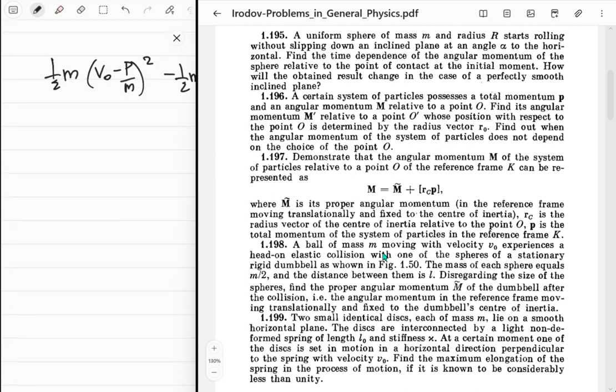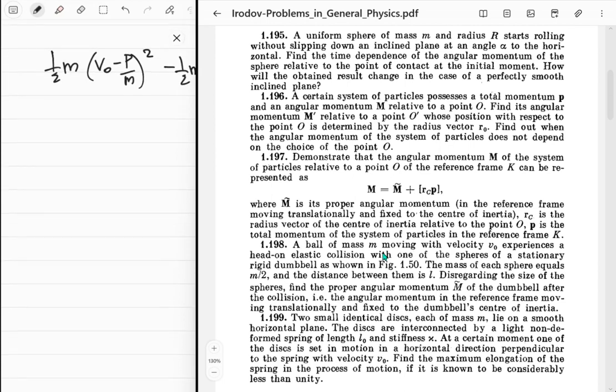Okay, and then now initially the rod was at 0, the dumbbell, whatever that thing is, and now it's at half I omega squared, or you can write this as half L squared upon I. So that's the angular momentum, which is just R times P. So this thing squared, and that upon our inertia, right?